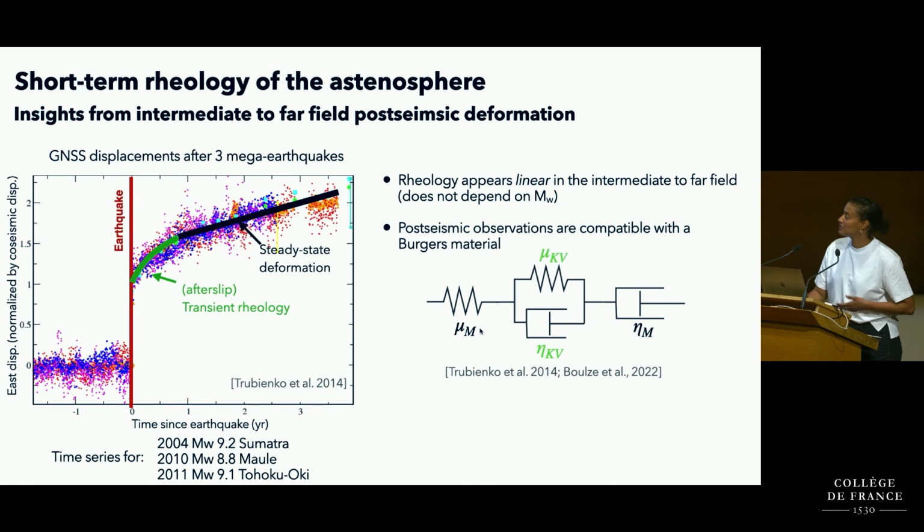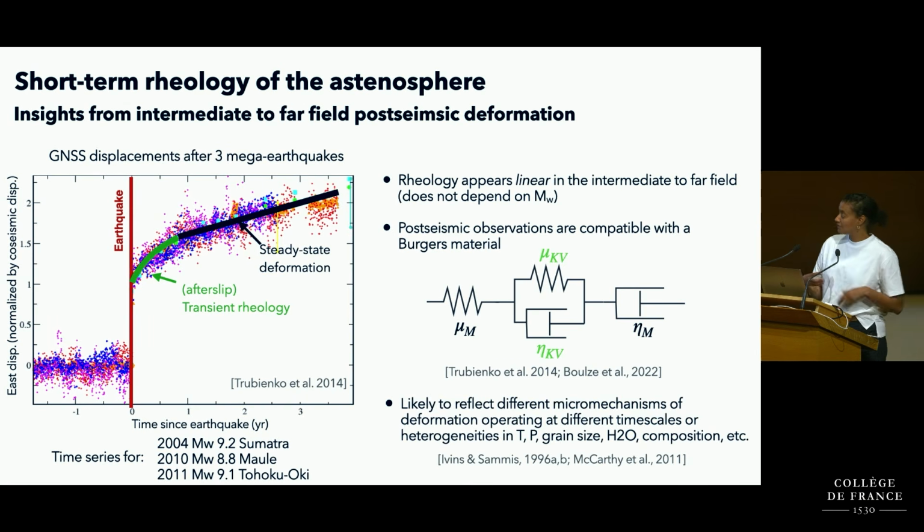And you can model this using a very simple Burgers model, where you have basically 2 different types of deformation: the long-term steady state that looks like a Maxwell, and then this Kelvin-Voigt block here, which translates an elastic recoverable deformation fast after the earthquake.